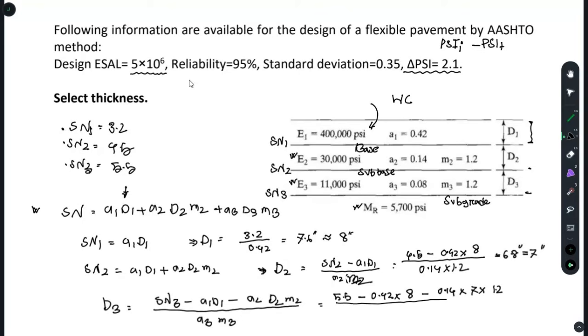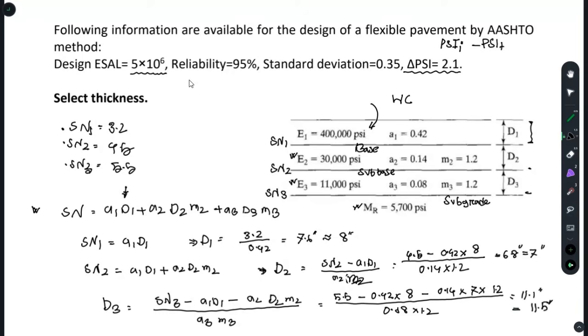And you will divide everything by A3, which is 0.08, multiplied by M3, which is 1.2, and you will get a value of, sorry, not 8.1, you will get 11.1, and you will round it up to, let's say, 11.5. So this is how you do the math.